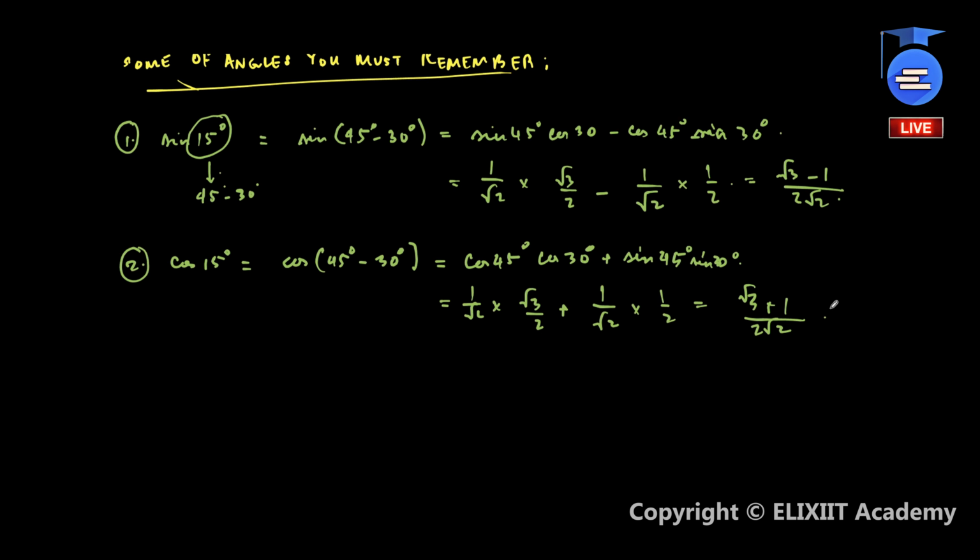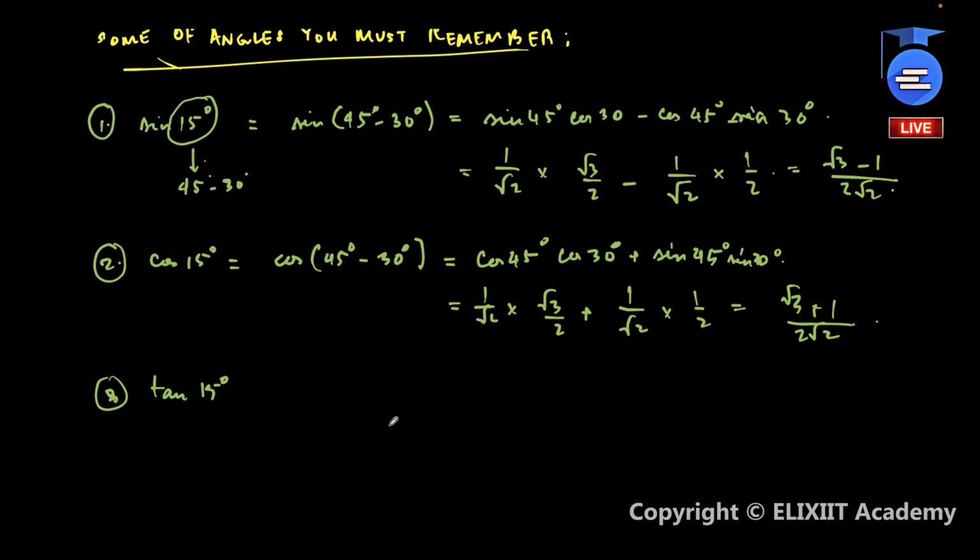So by this time, we know the value of sin 15 and cos 15. So we can find out the value of tan 15 also, which is sin 15 divided by cos 15. Sin 15 is root 3 minus 1 divided by 2 root 2, and cos 15 is root 3 plus 1 divided by 2 root 2.